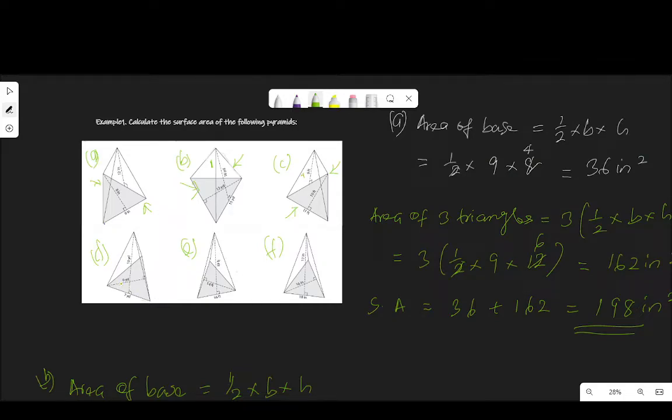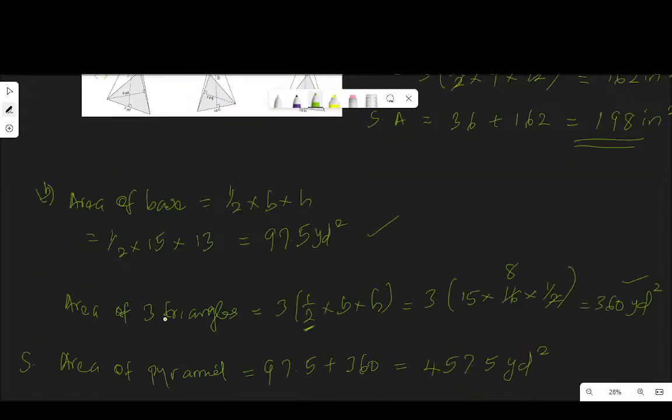Then D, again, here is the base of D. The base is an equilateral triangle again, and since it's an equilateral triangle, it is 7 yard here, it's the same 7 yard here. The height of this triangle is 6 yard. So let's get the base.